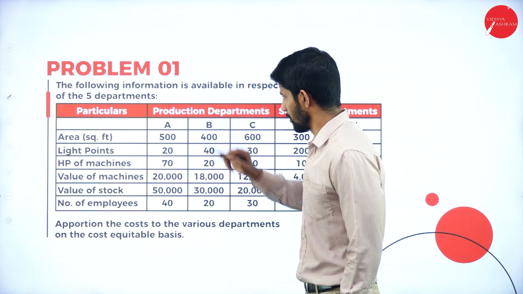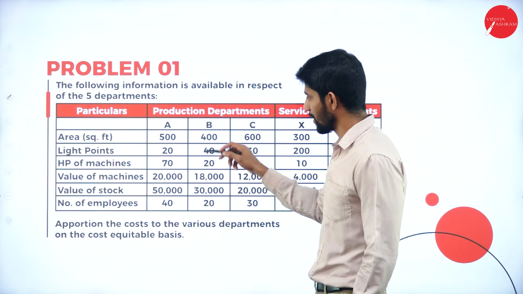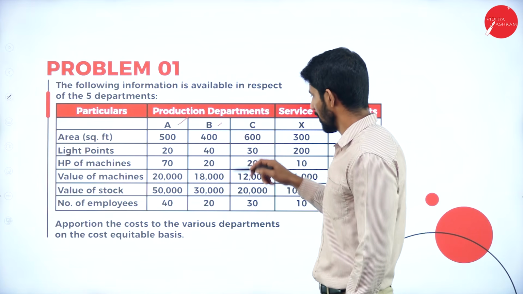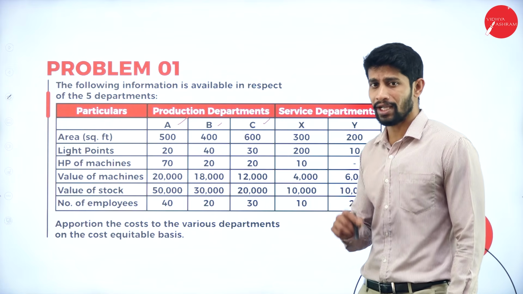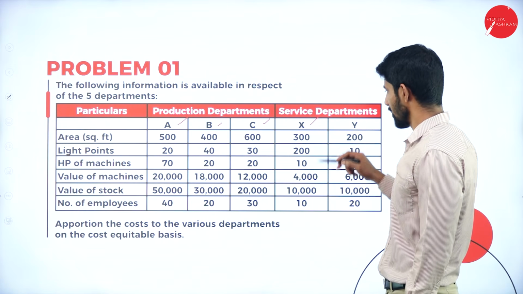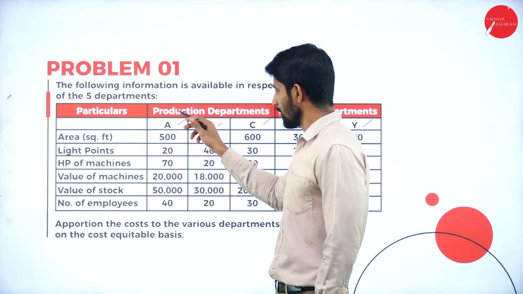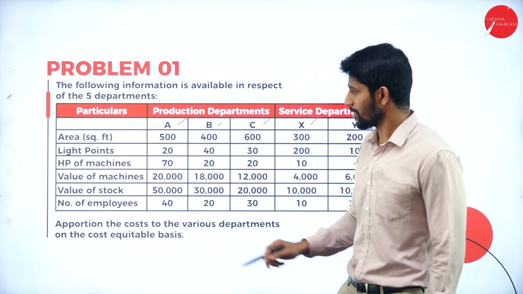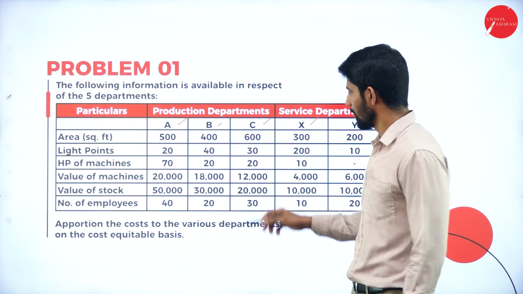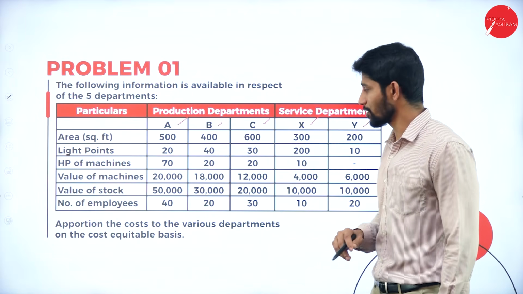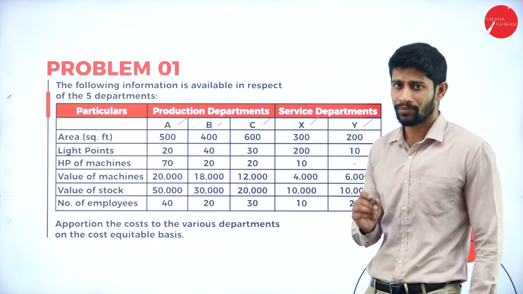In production we have 3 departments: production department A, B and C. In service we have 2: service department X and Y. Production department A is using 500 square feet, B is using 400, C is using 600, X is using 300, and Y is using 200 square feet.